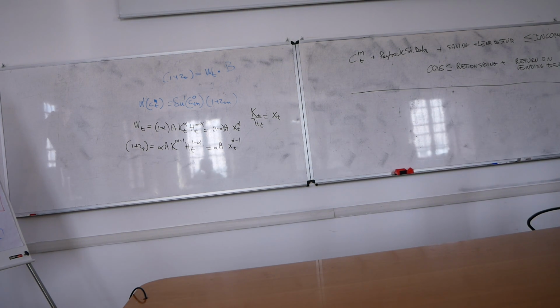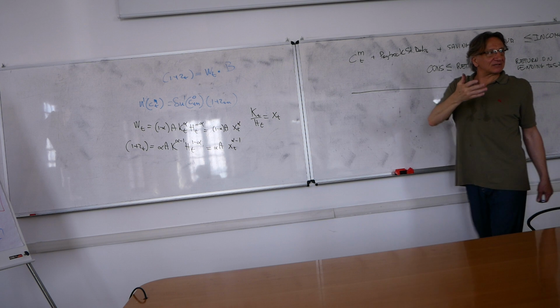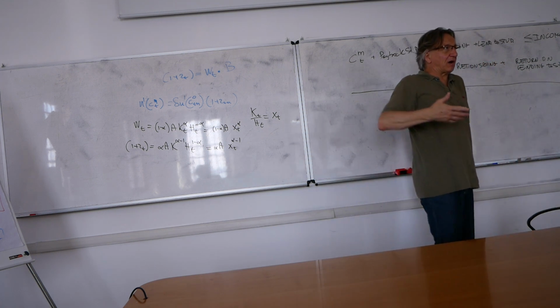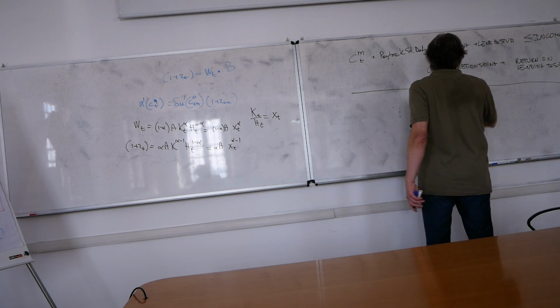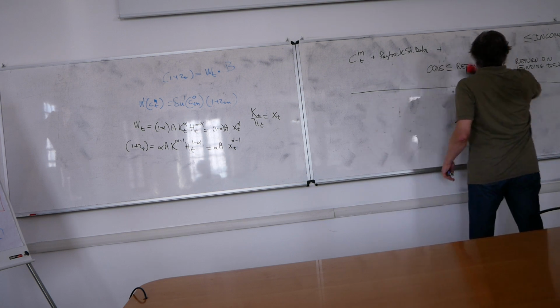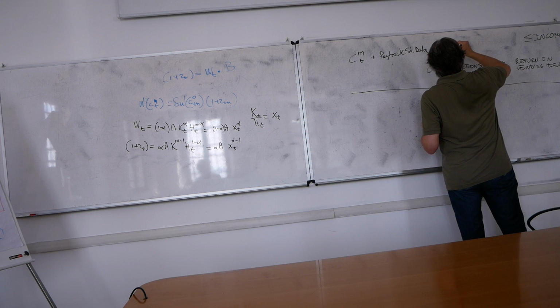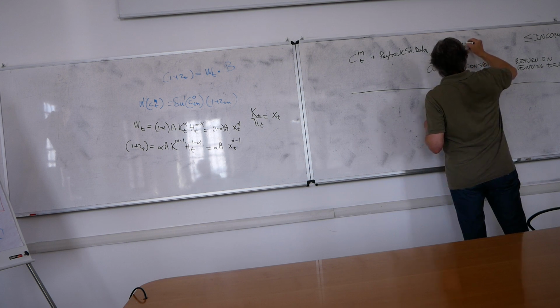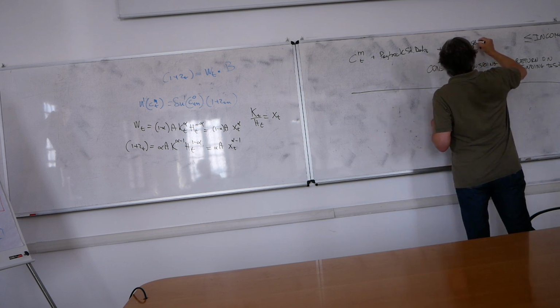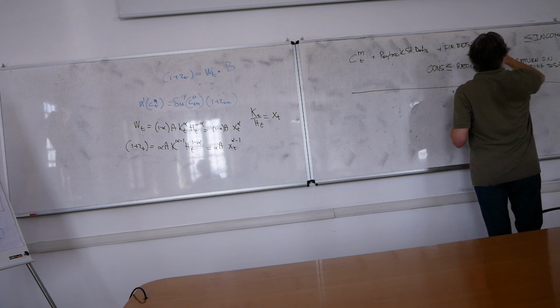Okay, let's change the word saving, let's call it financial market, right? Because saving here means buying capital stock, buying shares, buying bonds, okay? So let's put an explicit word, so this is financial markets saving plus, and this is what?